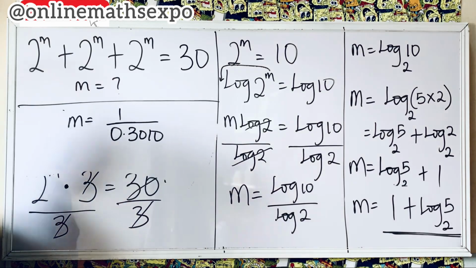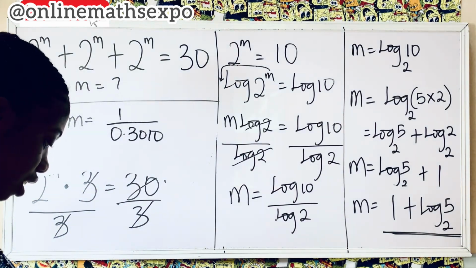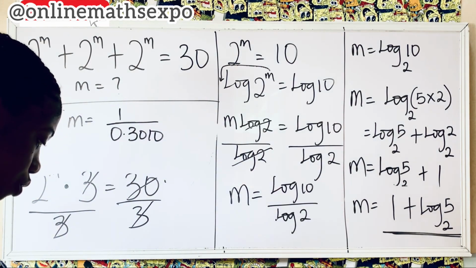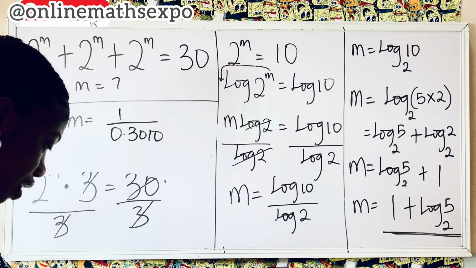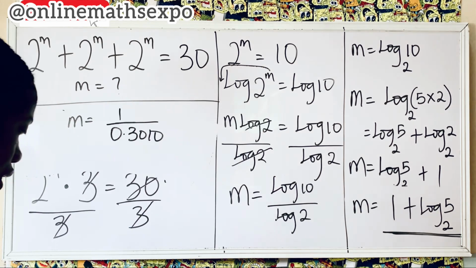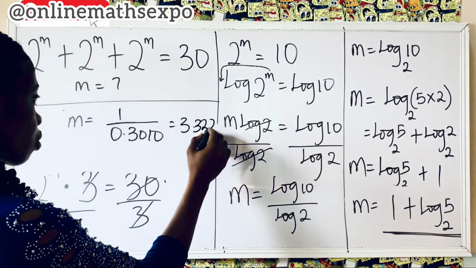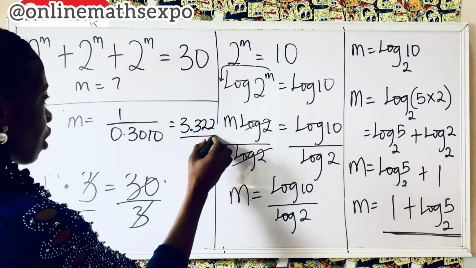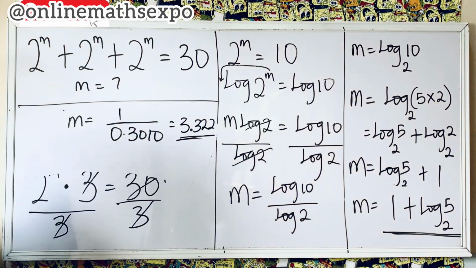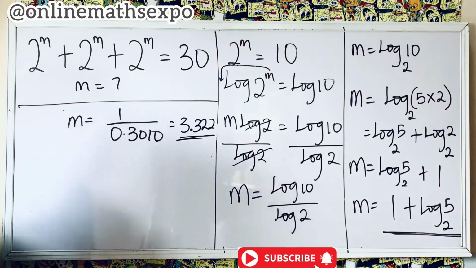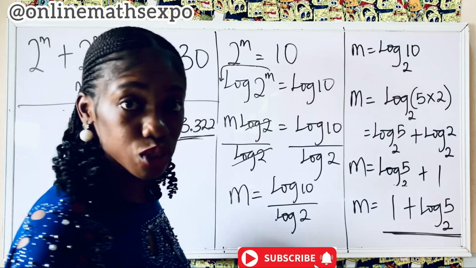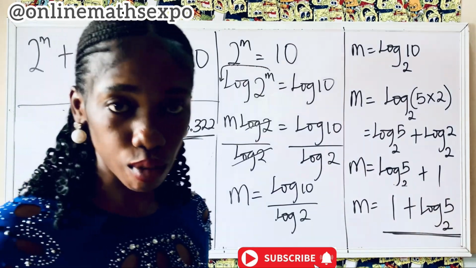When you divide this with your calculator, 1 divided by 0.3010 will give us 3.322. So this is also an answer, but this one is there if we are trying to obey all the principles of logarithm.